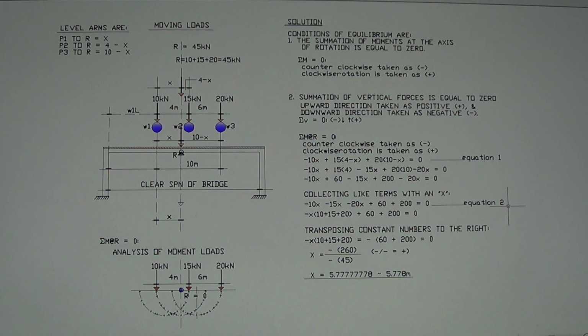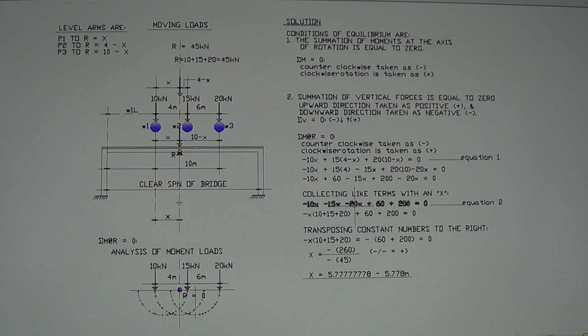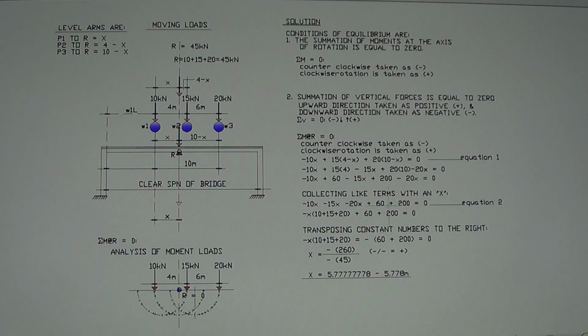That's equation 2. With this equation 2 here, or equation 1, once you find the value of x, you substitute this value and see if it equals 0, then the value of x is correct. This is where you check if x is correct.